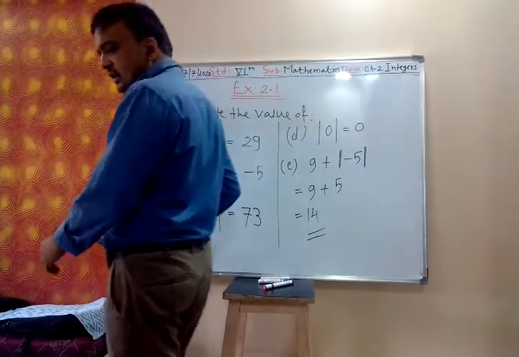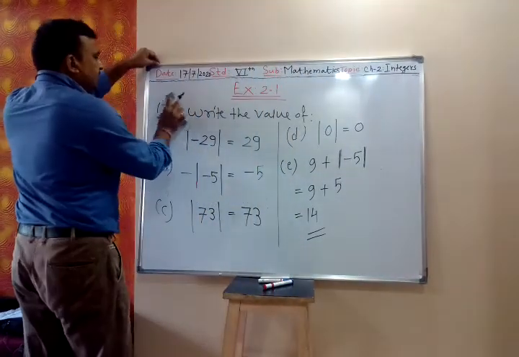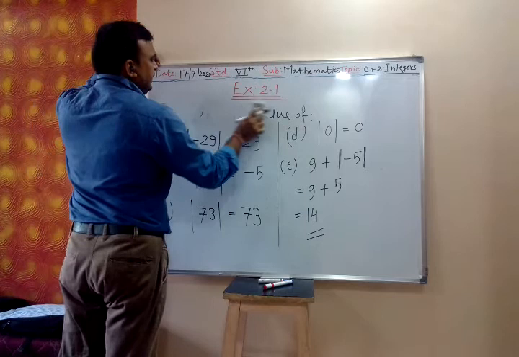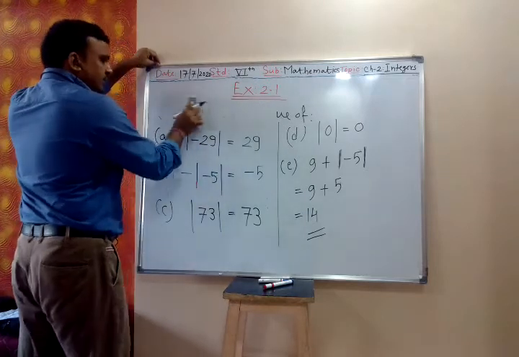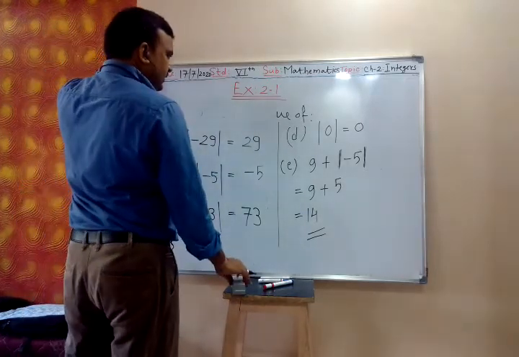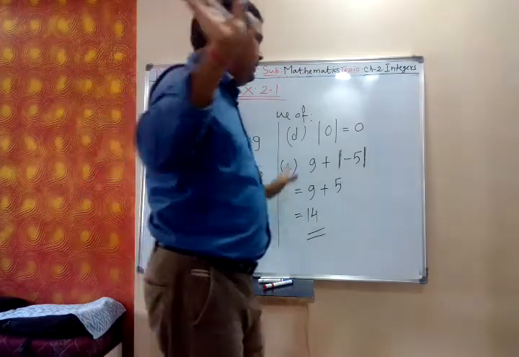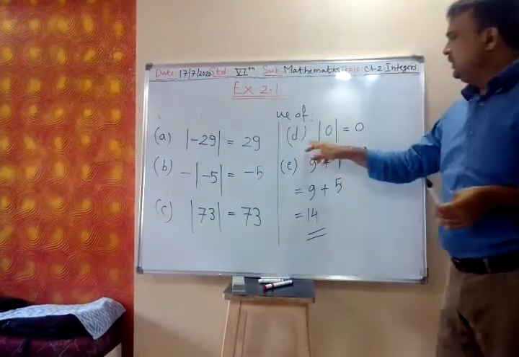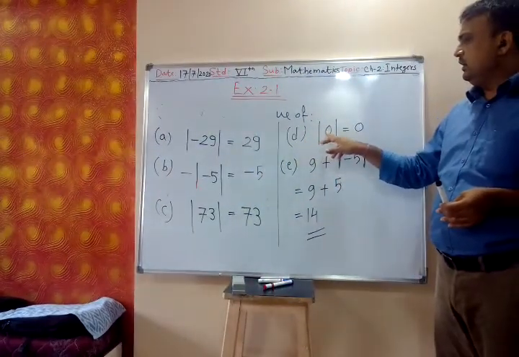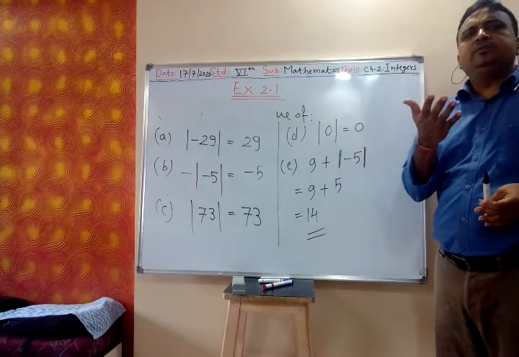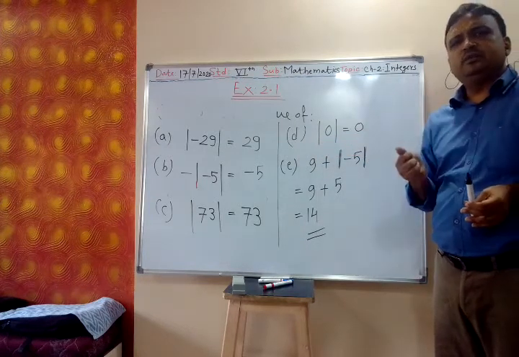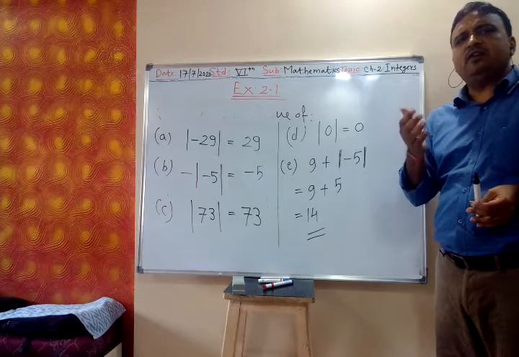Now D: the absolute value of 0 is 0, because 0 is neither positive nor negative.